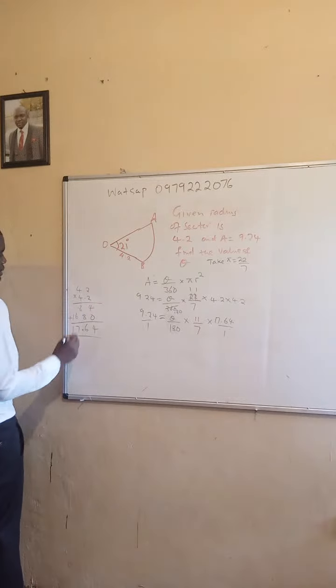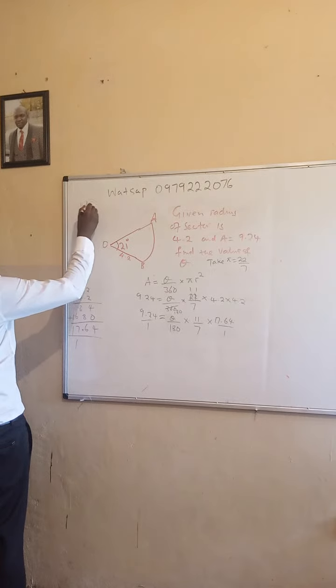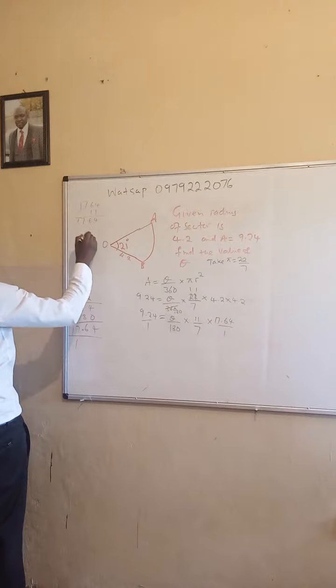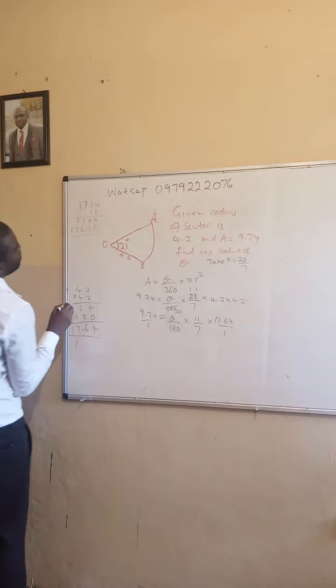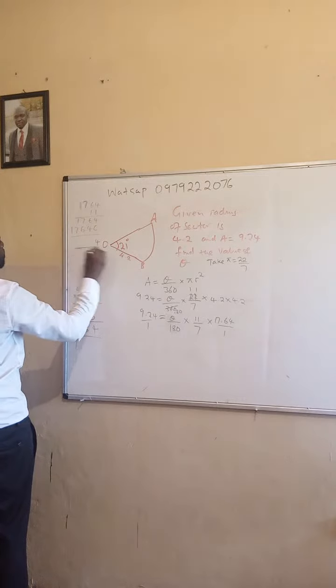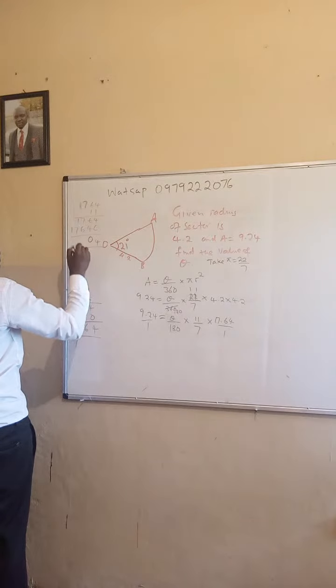You calculate it here. 17.64 times 11. That is 4, 6, 17. Placeholder 0. So I've got 4, 6, 7, 1. Okay? We are multiplying these numbers. So we have got 4, 6 plus 4, 10, 0 carry 1.